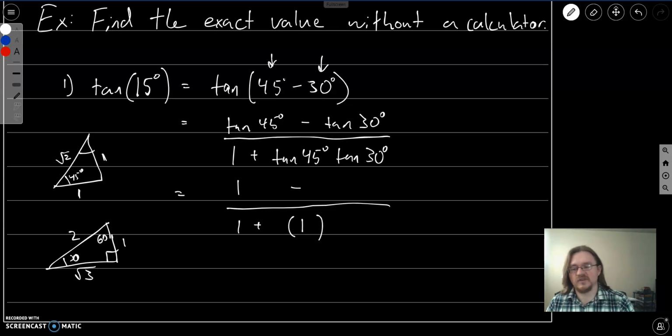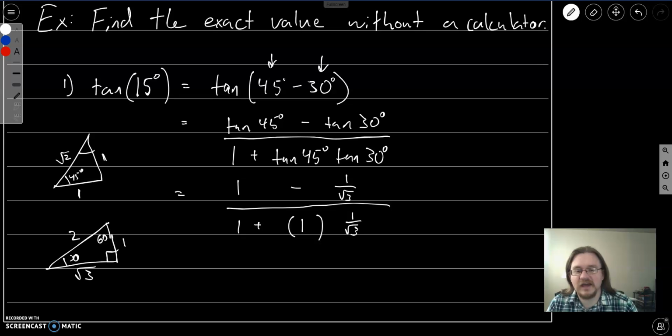So the tangent, which is going to be the opposite of the 30 degree angle over the adjacent, is 1 over root 3. And that's it. So then we can just simplify this fraction.